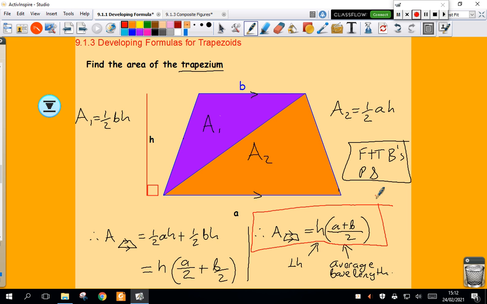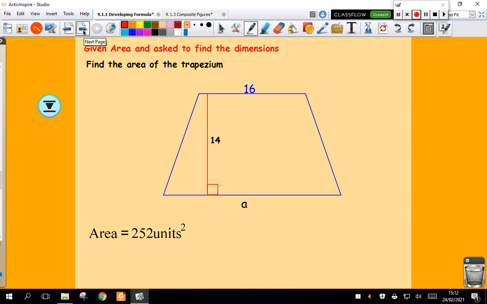So let me look at one more example here. In this case, we're given the area of 252. I'm given the little base is 16. I'm given the perpendicular height is 14. I'm given the big base is A. We know the area of the trapezium is always going to be the height, perpendicular height, times the average of the big and little bases.